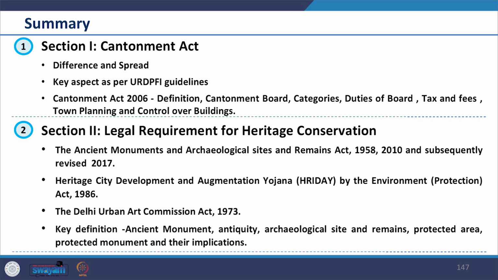Summarizing this section, we looked at the Ancient Monuments and Archaeological Sites and Remains Act of 1958, the amendments of 2010, and subsequently we saw 2017. We saw the Environmental Protection Act of 1986, through which HRIDAY is done. Then we see the Delhi Urban Art Commission Act of 1973, and we looked at the various key definitions.